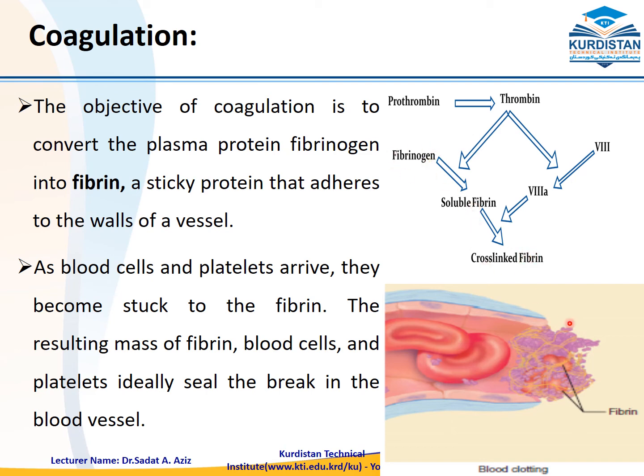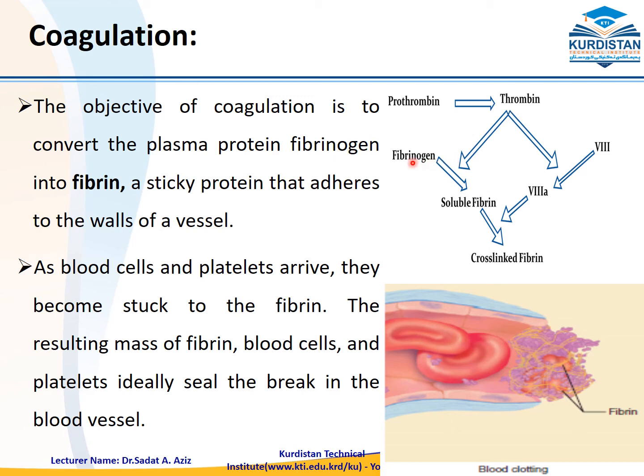So how can the fibrinogen be activated into fibrin or a cross-linked fibrin? At first, a molecule called prothrombin, which is the inactive form of thrombin, can be activated into what? Into thrombin. Then thrombin has two main functions.